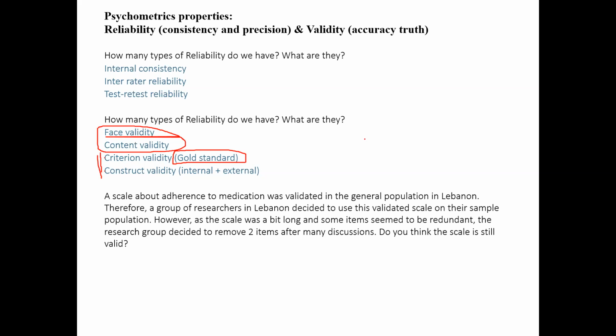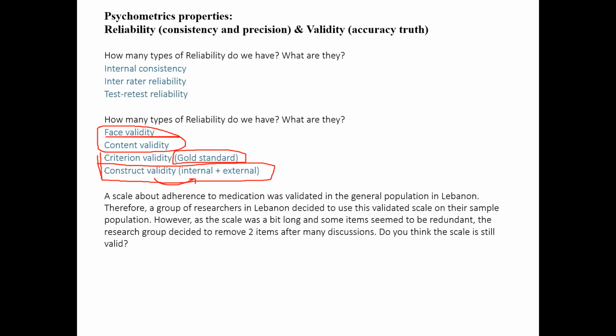This is just a big picture of it. And construct validity is if you want to make sure that your scale, so it's a concept, I cannot explain it in 5 minutes, but it's another way that statistically you can prove that your items are measuring the same thing.